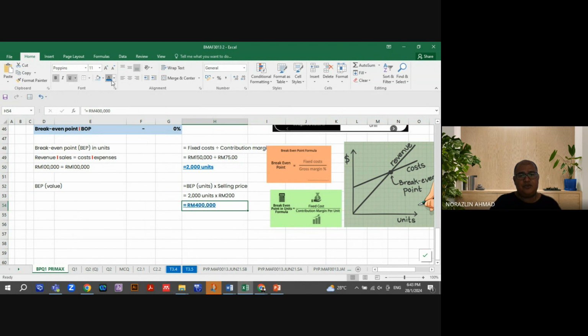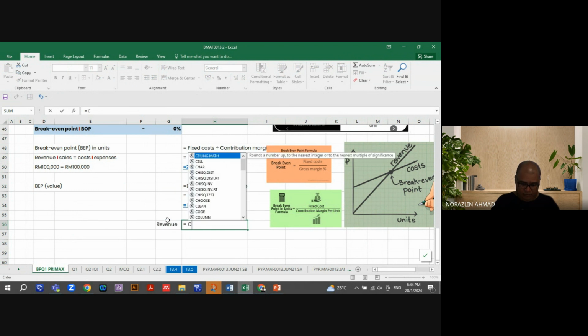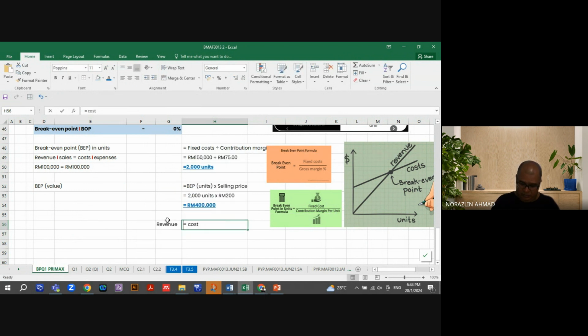Break even means revenue equal to cost, or expenses. Revenue is RM 200 times by 2,000 units, then you will get RM 4,000.